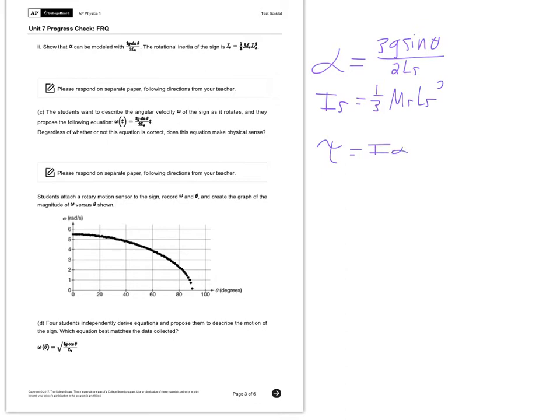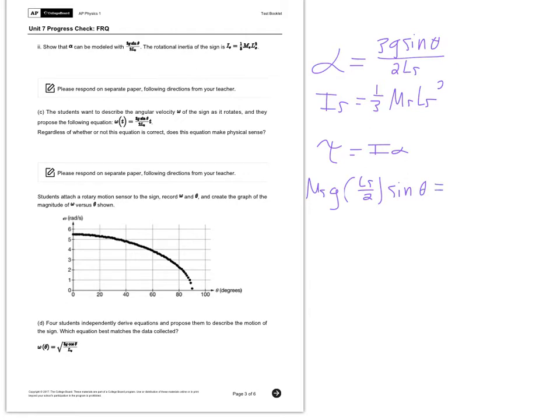We know that torque equals I alpha. We also know that the gravitational torque would be ms g ls over 2 sine theta. I forgot the g. Let's fix that because this would be for weight. So again, that's my torque.